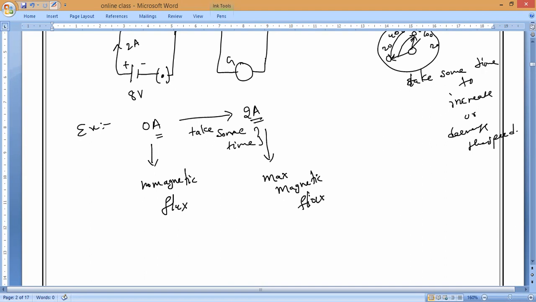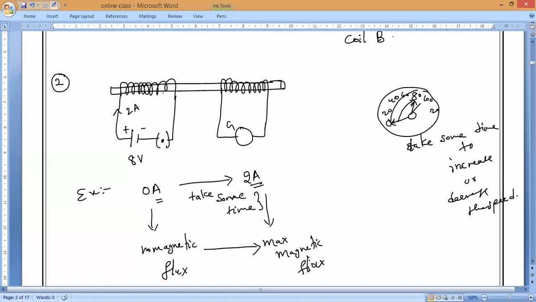So when the current keeps on increasing, the magnetic flux also keeps on increasing in coil A. That is the reason it will induce current in coil B. So what is happening exactly? See, when I switch on the plug key, the current in coil A goes from 0 to a steady value.